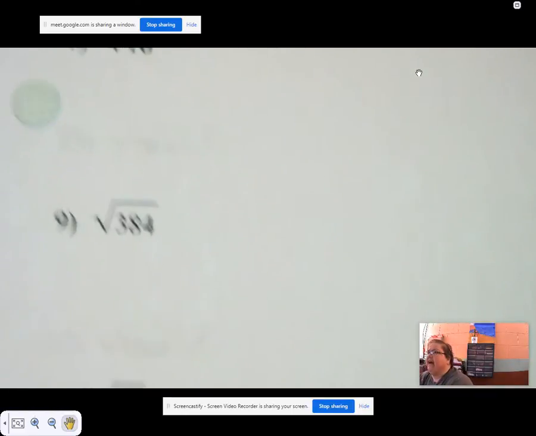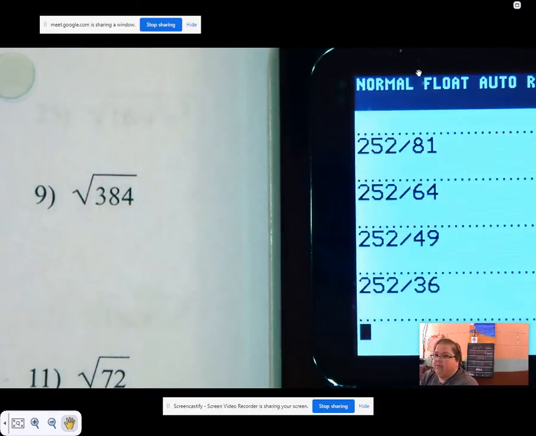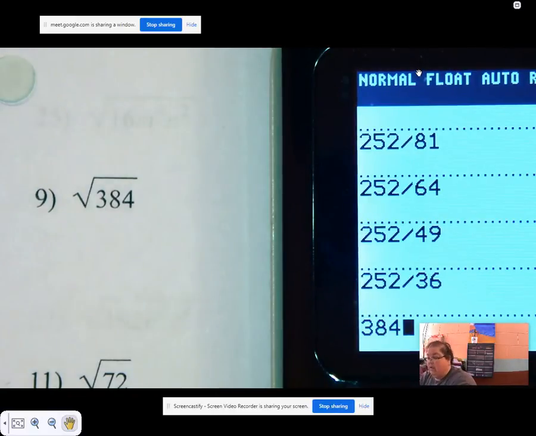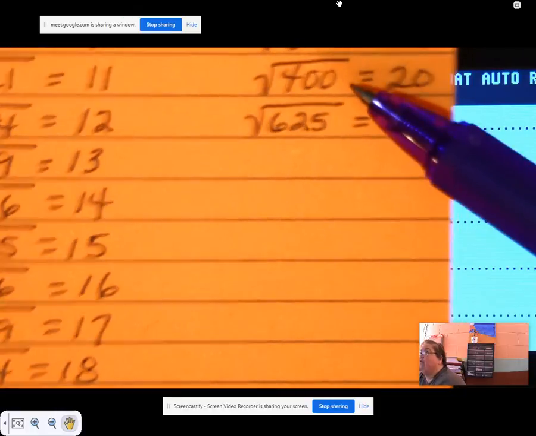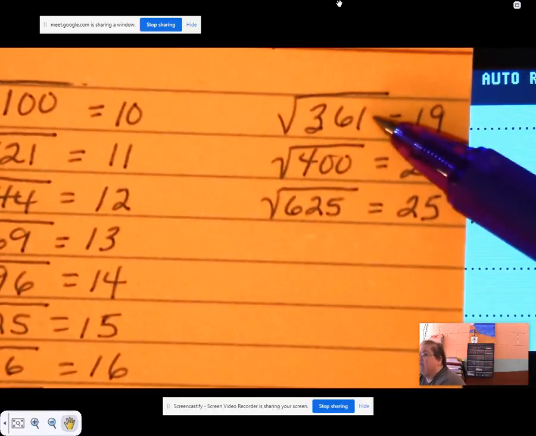Let's look at number 9. So now I'm looking at the root of 384. 384. And I'm going to divide that by perfect roots. Where am I going to start? Well, first of all, I'm looking at 384 is not a perfect root. Okay. I could start at 361.